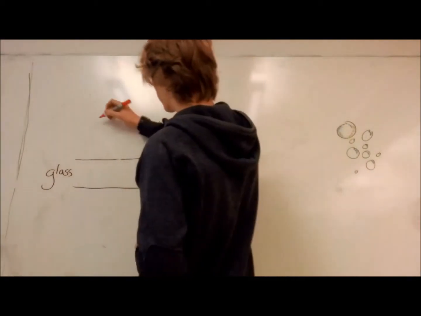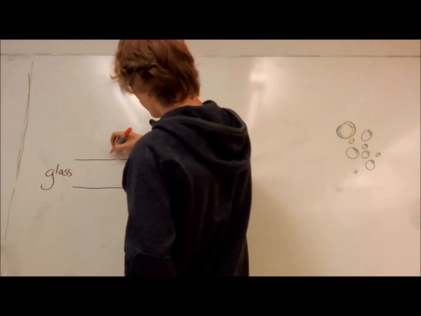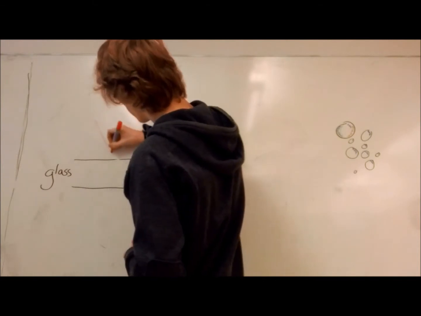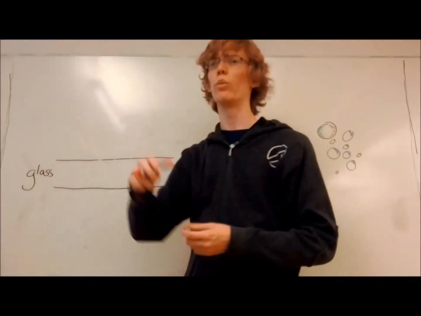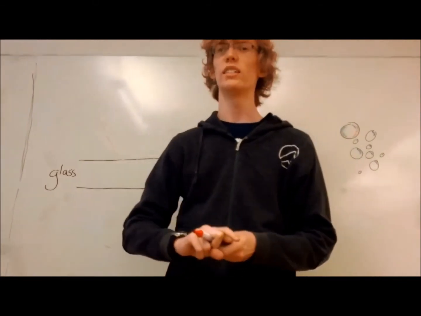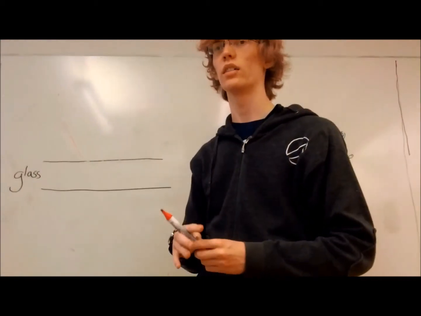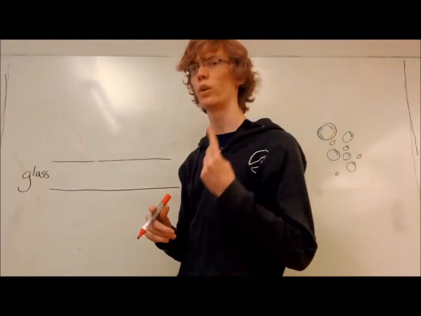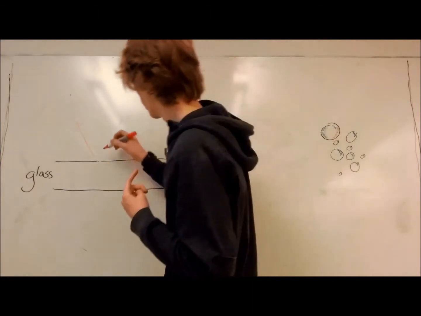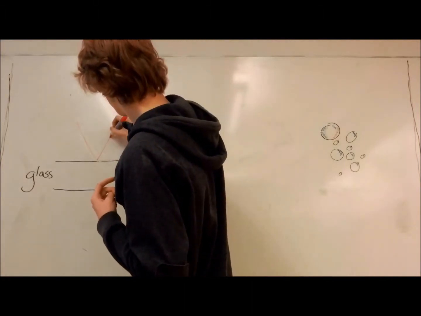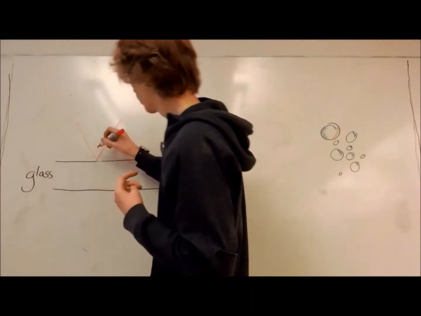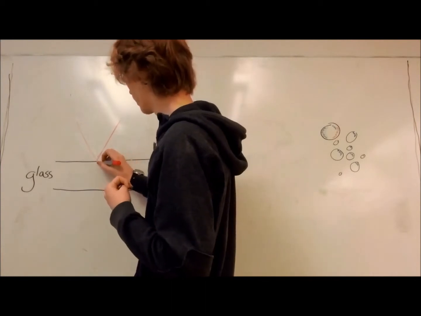Imagine this red light as a single wave of purely red light. There's only one wavelength. As it hits the surface of the glass, it splits into two waves with the same wavelength. One wave is reflected off the glass surface, while the other is transmitted through it.